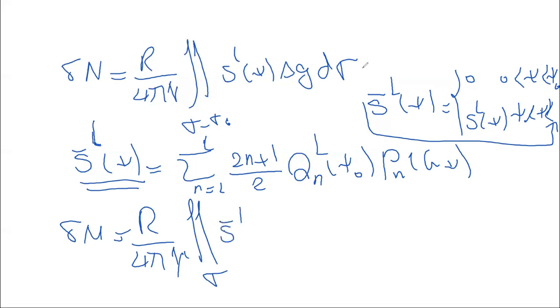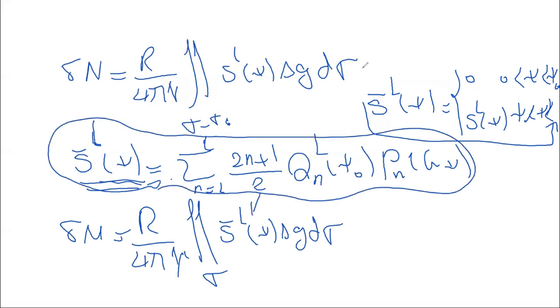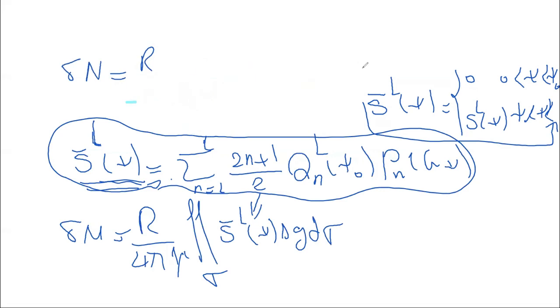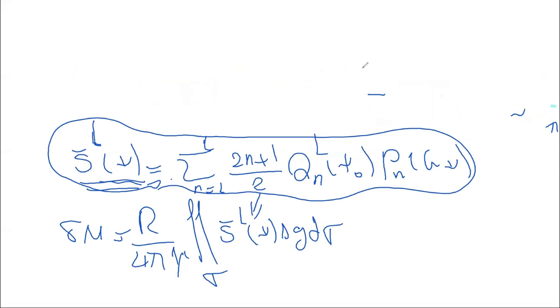I will write S bar L psi delta G d psi, and now I insert this equation inside here, and I come to delta G for 4 pi gamma integral.